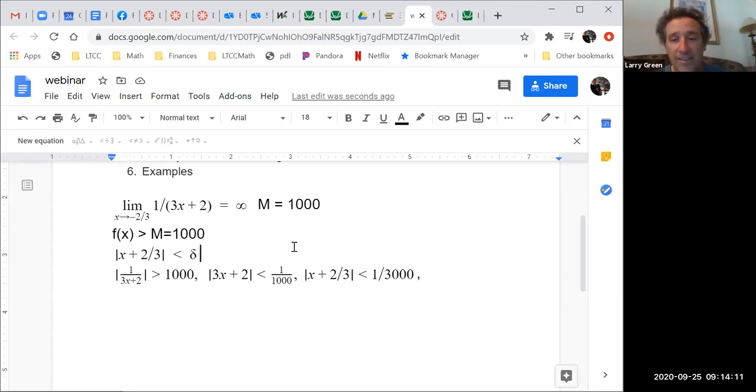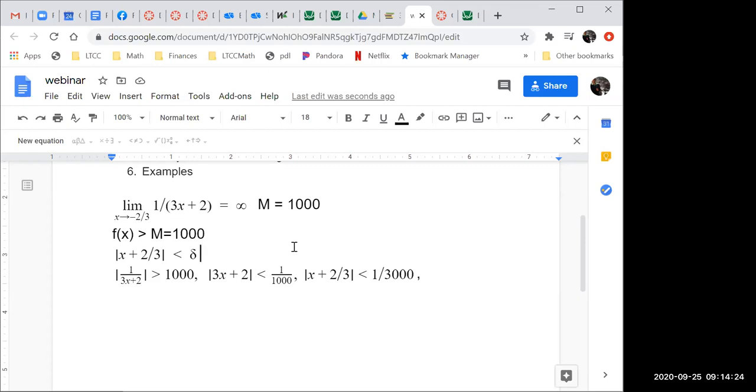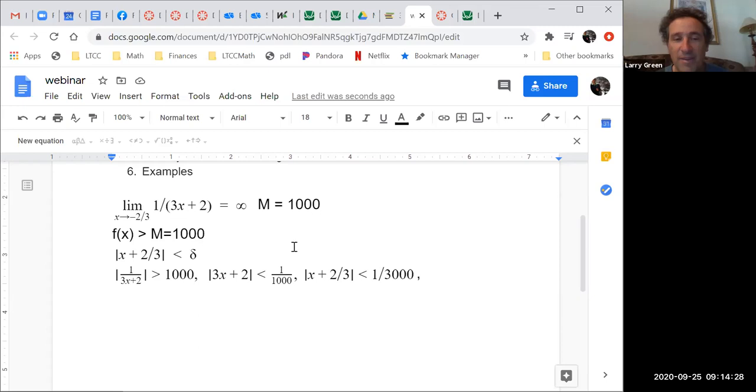So what they're saying is it's bigger than every number, so let's try 1,000. See what you need to do to make it bigger than 1,000. And the idea is you can always get it bigger than any number you think of. Do you see that? So that's what M is then? M is like a number to make it bigger than? Yeah, M is a big number you can kind of think of near infinity.